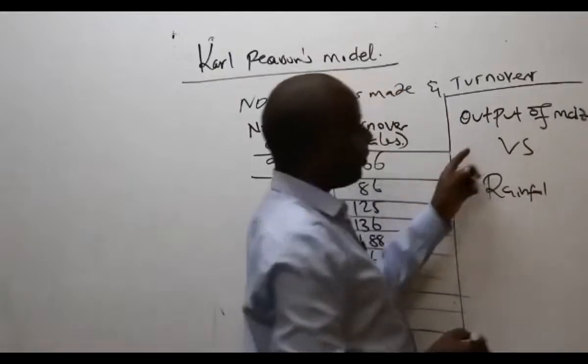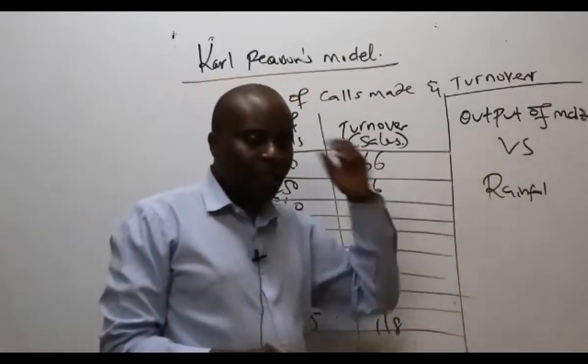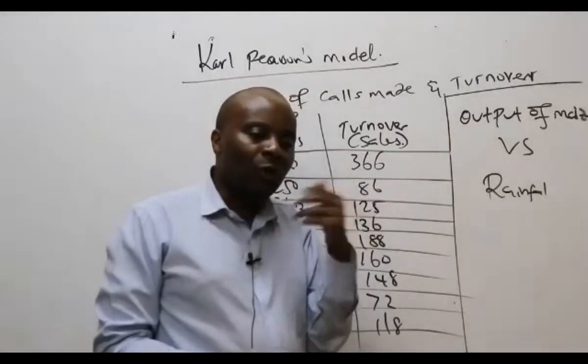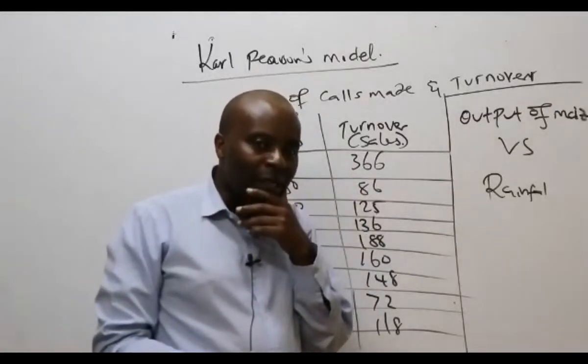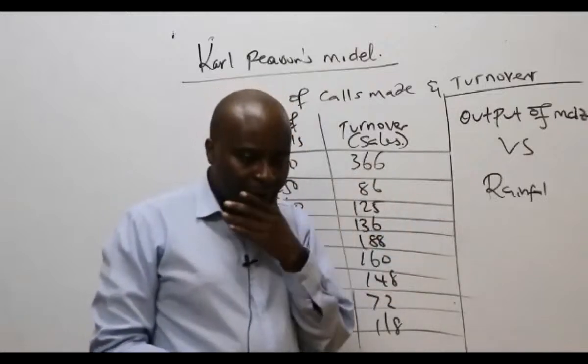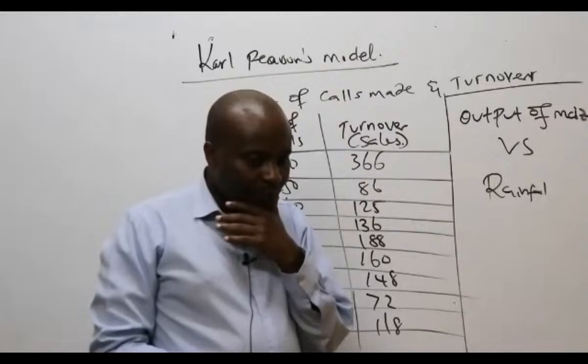If you're given two variables of this nature, here I'm able to see very fast that rainfall amount depends on maize. Rainfall depends on maize. True?